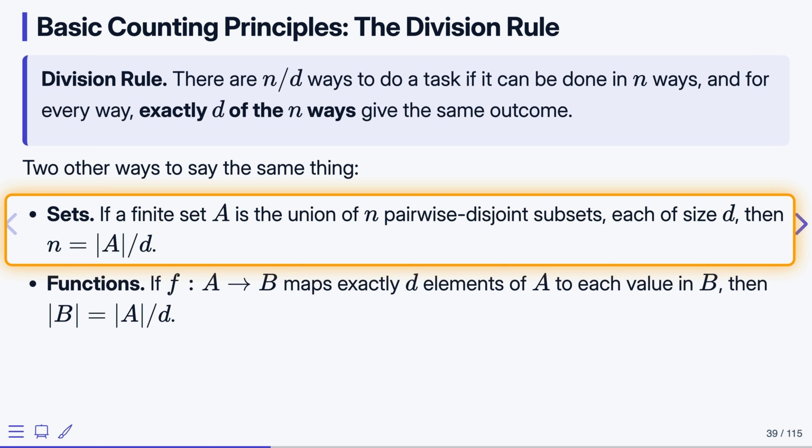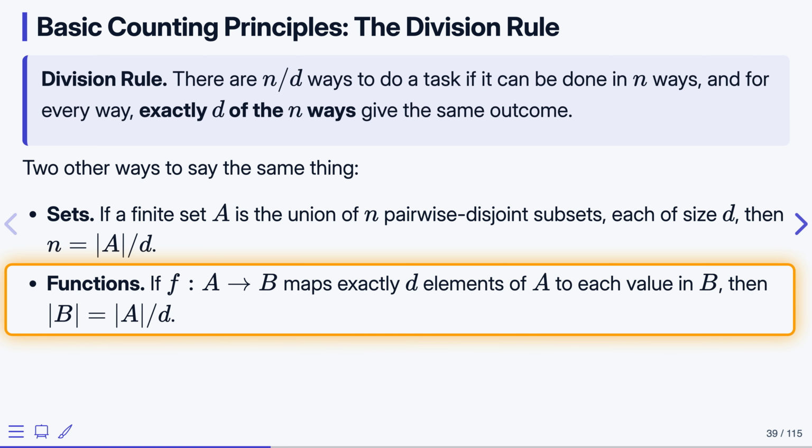In set language, if a finite set A is split into n disjoint subsets, and each subset has size d, then n equals the size of A divided by d. In function language, if a function f from A to B sends exactly d elements to each value, then the size of B equals the size of A divided by d. So when every outcome is counted d times, we divide by d to fix the overcount.